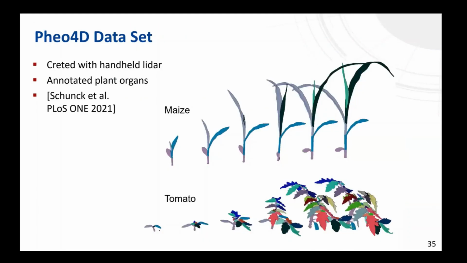Together with our PhenoRob colleagues, we also created a data set that comes close to my objectives of modeling the structure and the geometry in detail, but it was captured in the lab of a single plant with a handheld LiDAR some time ago.